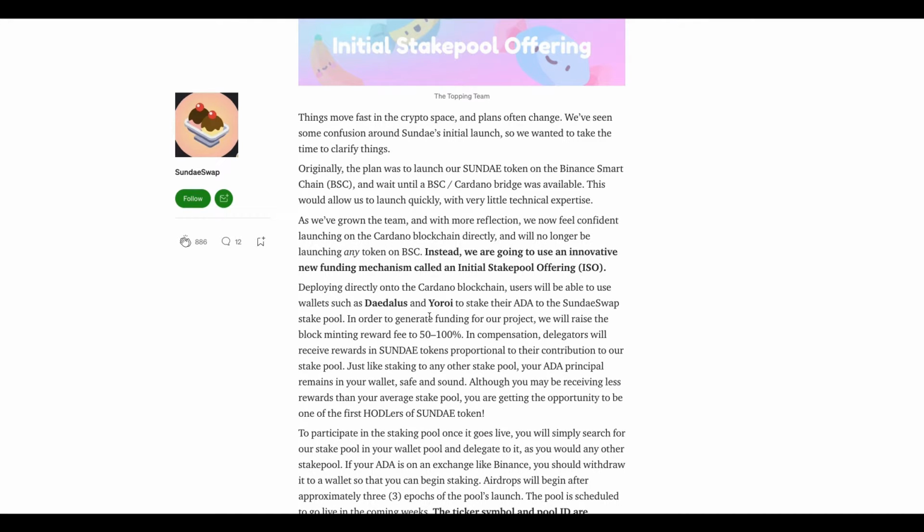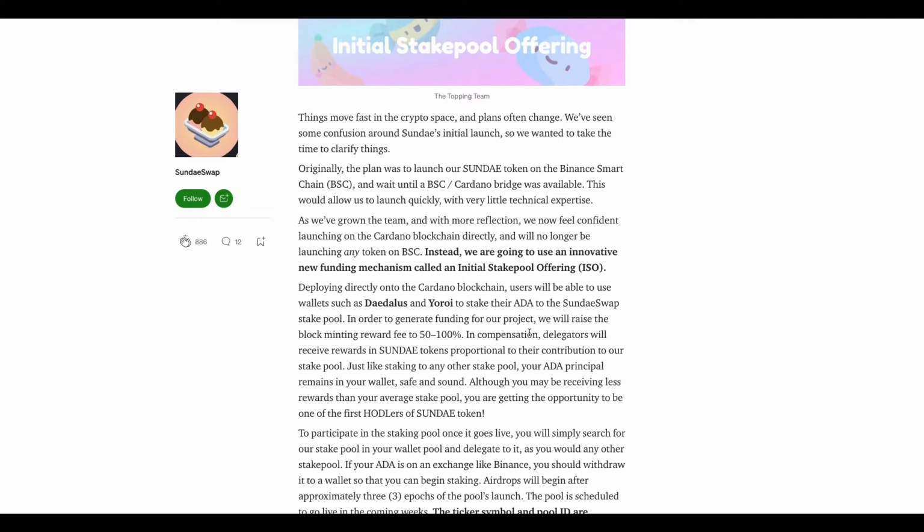Basically, explaining what it does. Say if you have Cardano, right? A Cardano wallet where you earn staking rewards, right? So for SundaeSwap, they have their token SUNDAE, and when you stake your Cardano on the staking pool, you would earn ADA rewards. But instead of earning ADA rewards, you will earn the SUNDAE token. And that's why Stake Pool is in the name, initial Stake Pool offering.